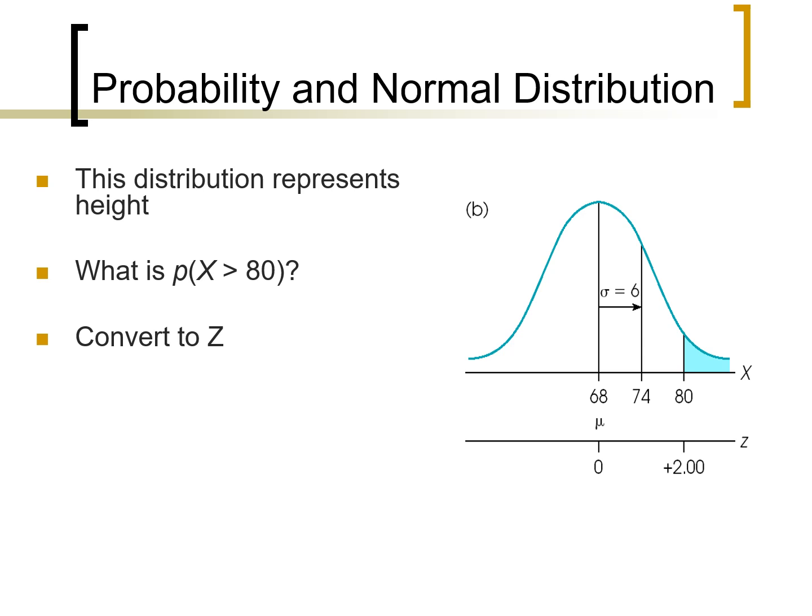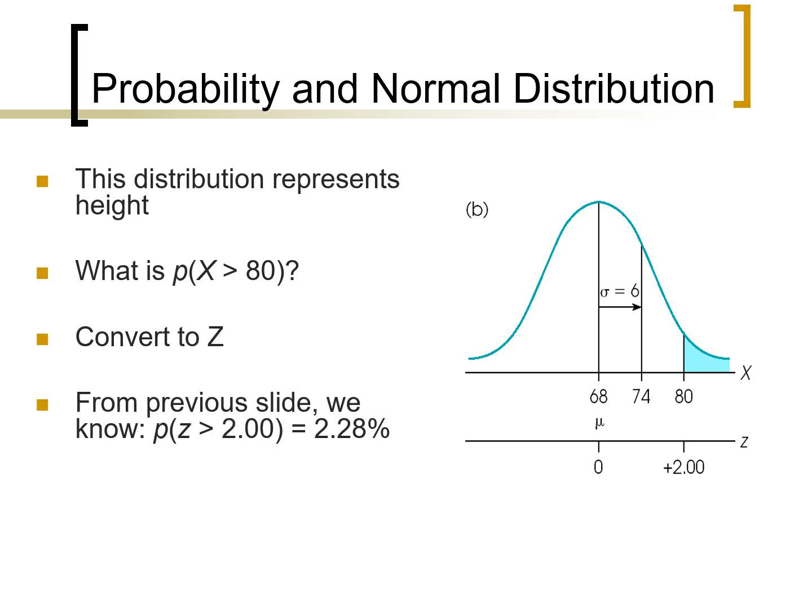So we have a population mean, we have a population standard deviation, and we have an x value. X minus the mean, 80 minus 68 over the population standard deviation gives us a z-score of, you probably guessed it, 2.